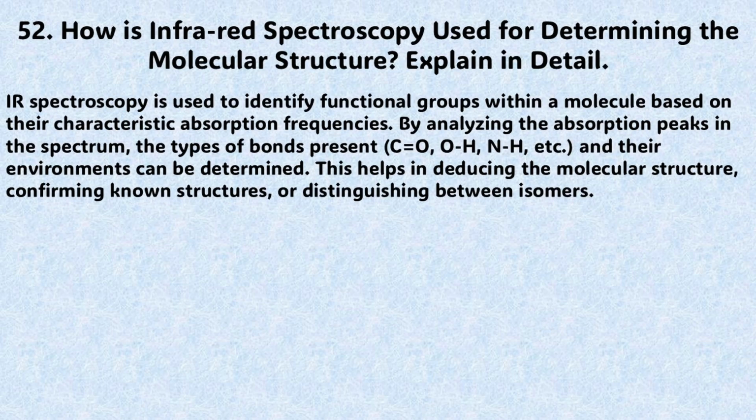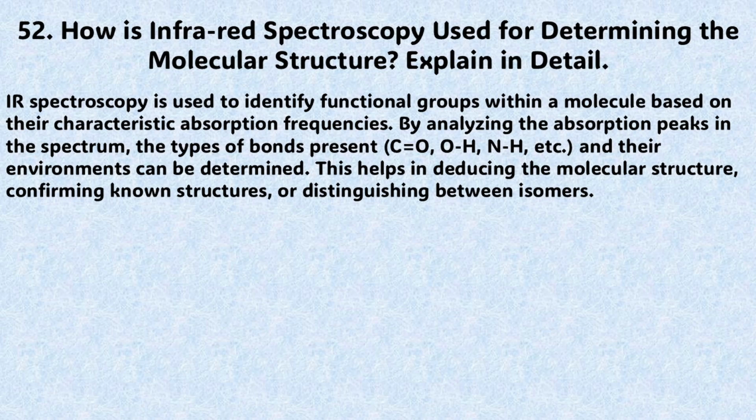The next question is question number 52. How is infrared spectroscopy used for determining the molecular structure? Explain in detail. The answer to this question is very simple. Infrared spectroscopy is used to identify functional groups within a molecule based on their characteristic absorption frequencies.